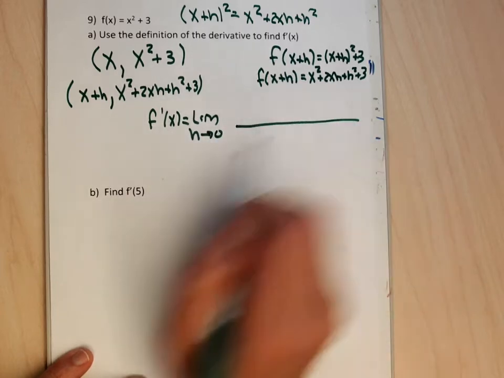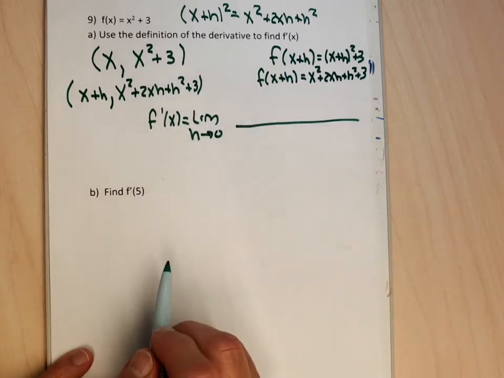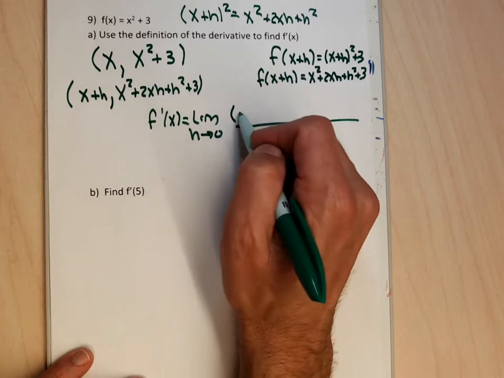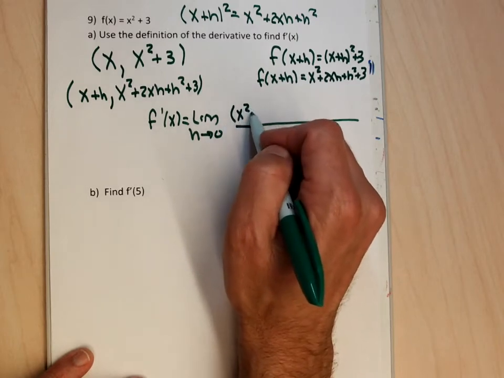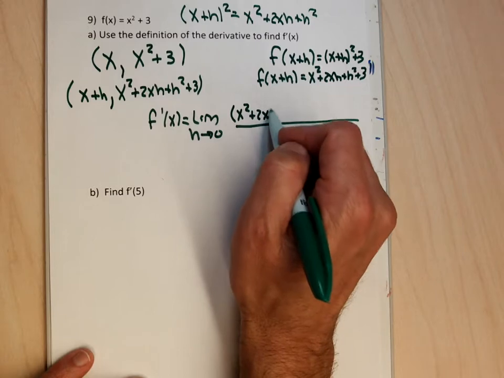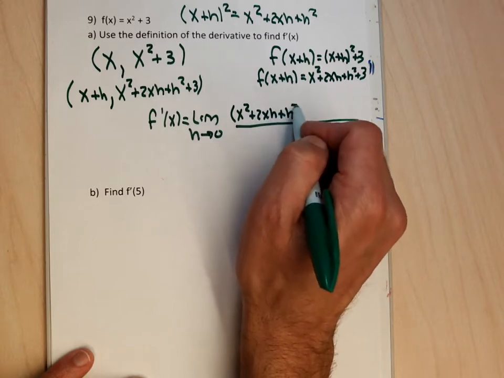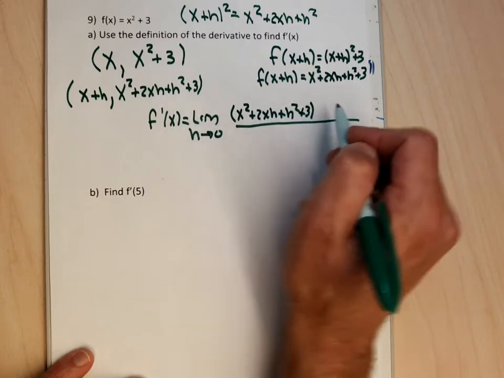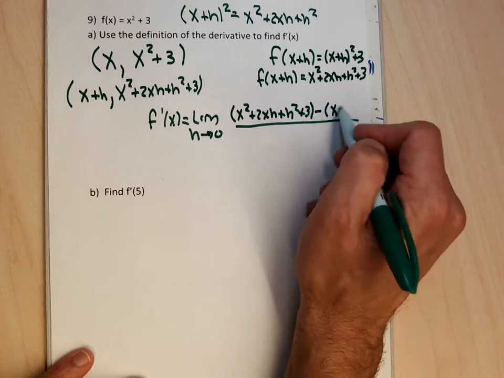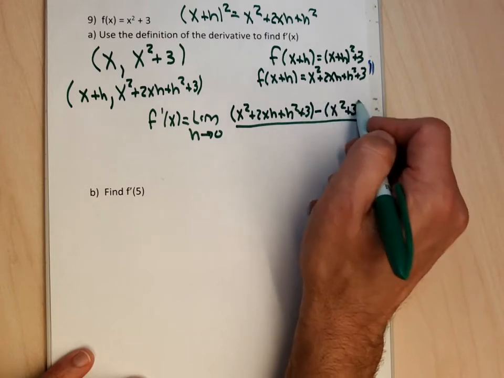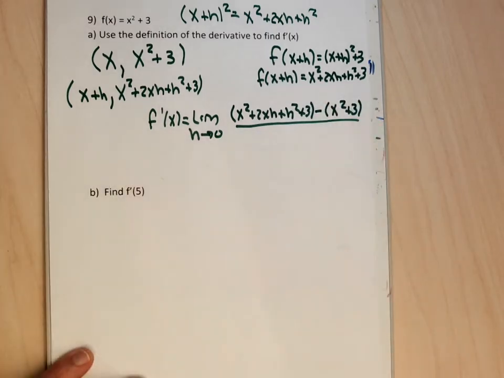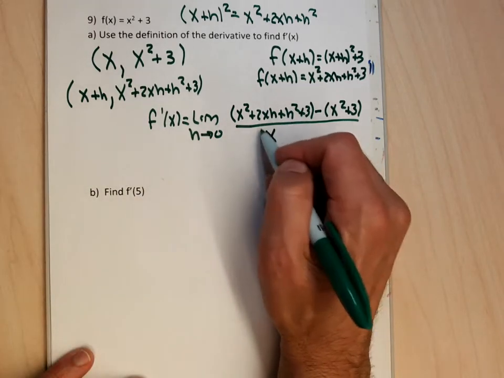I just find the slope of the line that connects those 2 points. The second y is x squared plus 2xh plus h squared plus 3. The first y is x squared plus 3. That's y2 minus y1. In the denominator, I need x2 minus x1.